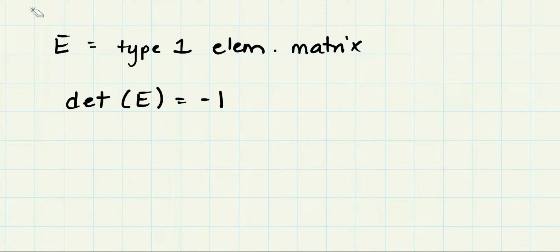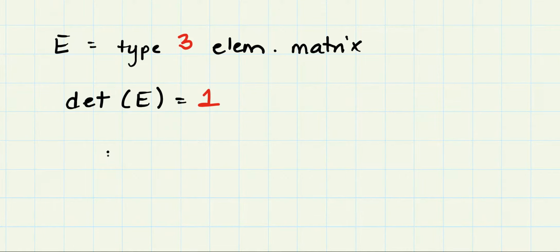If we had a matrix E that was type 2, then the determinant of that matrix is some scalar, alpha, that corresponds to the row that you multiply the identity matrix by, which we call alpha. If E is a type 3 elementary matrix, then the determinant is just 1.